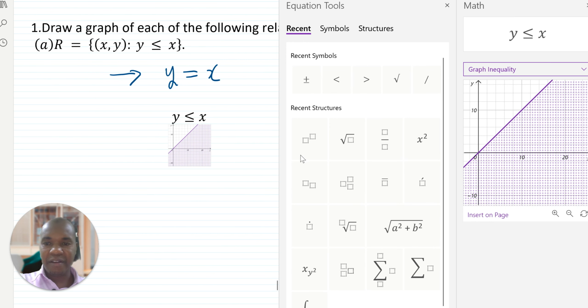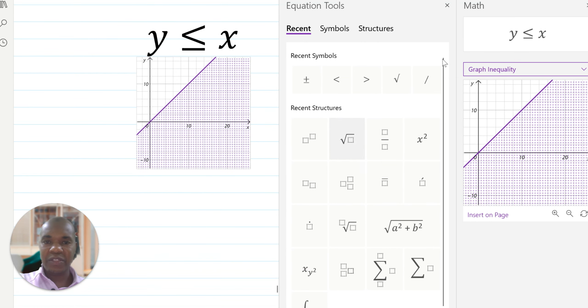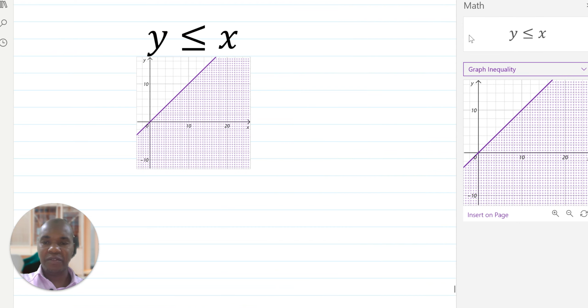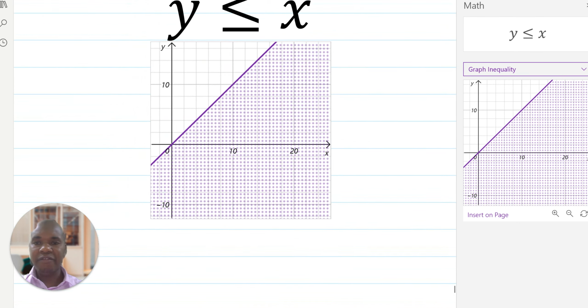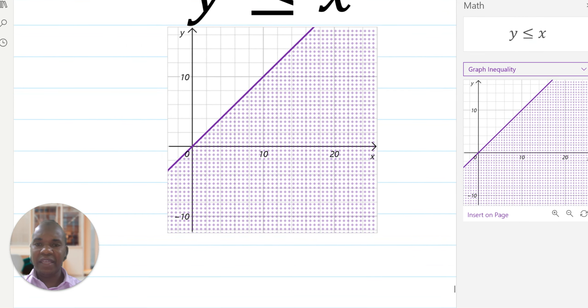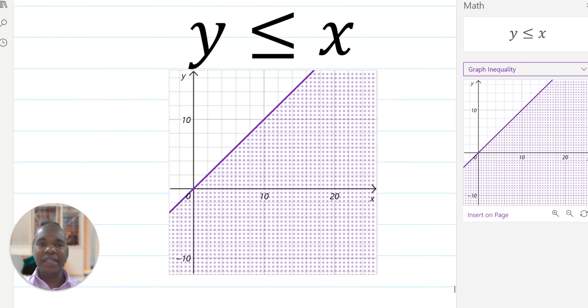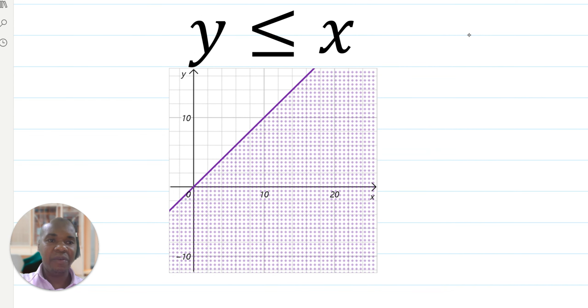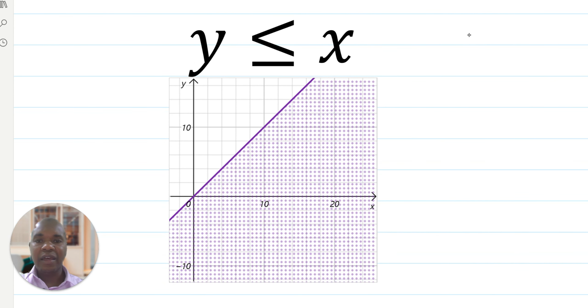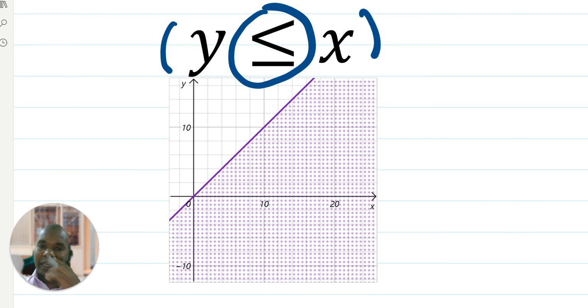So this is the graph of our given inequality, and with the inequality sign we have here, the shaded region is below the line.